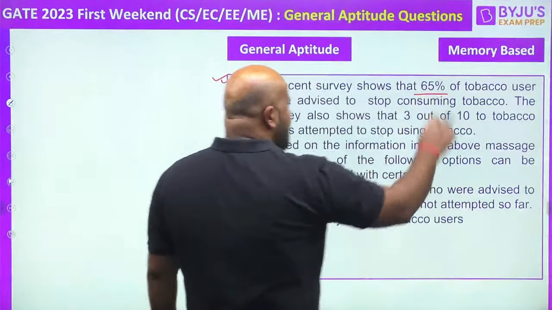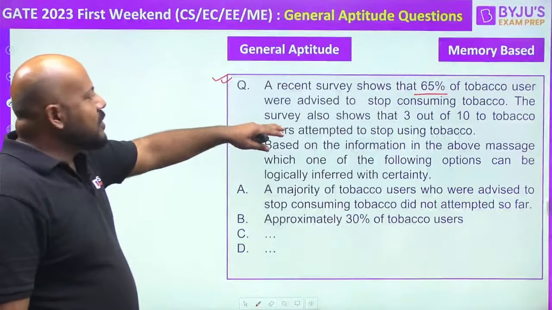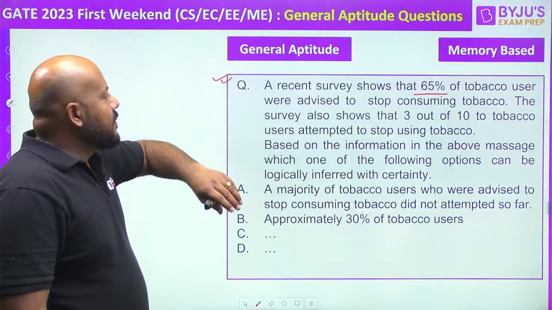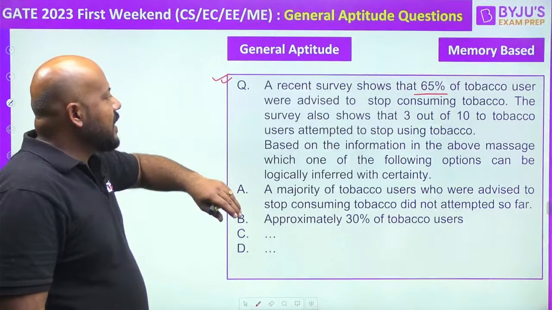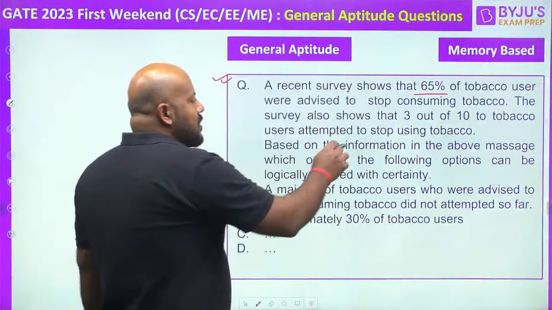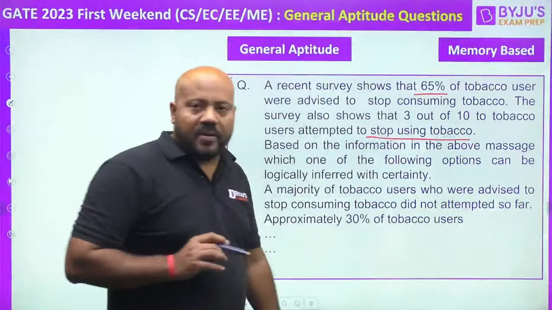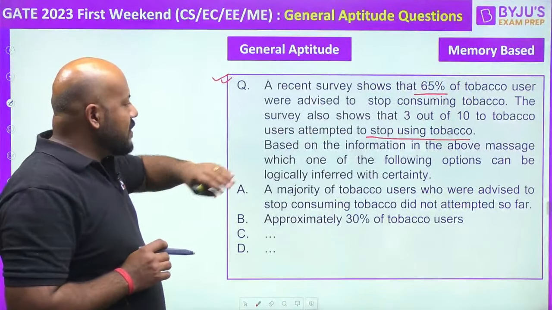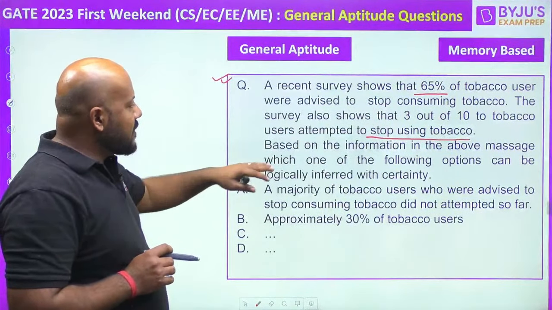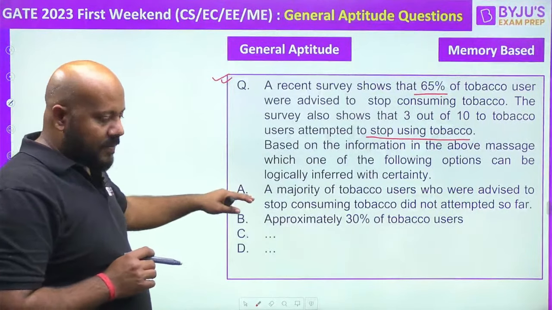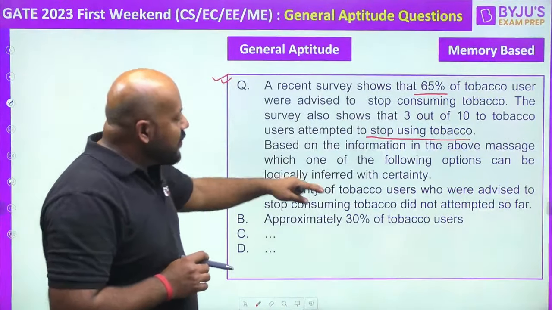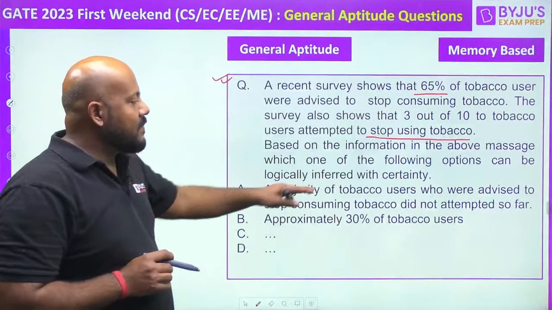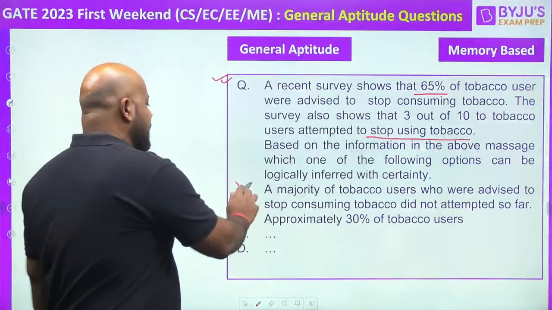The survey also shows that 3 out of the 10 users attempted to stop using tobacco. Now, based on the information in the above passage, which one of the following options can be logically inferred with certainty? Option A. A majority of tobacco users who were advised to stop consuming tobacco did not attempt it so far. This is wrong.